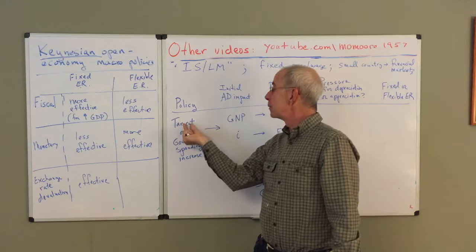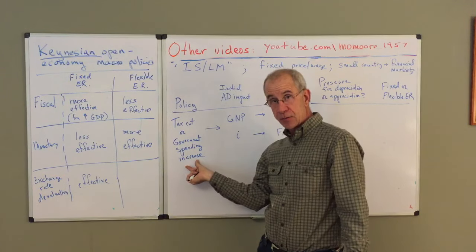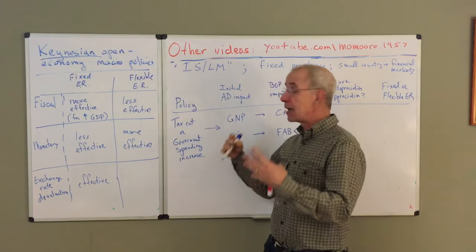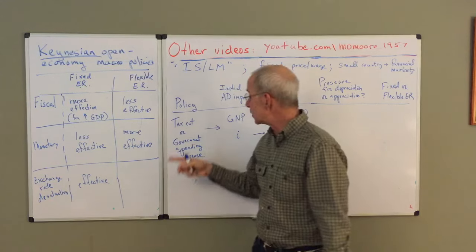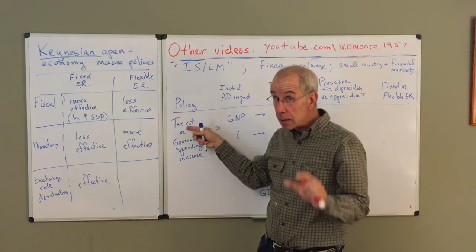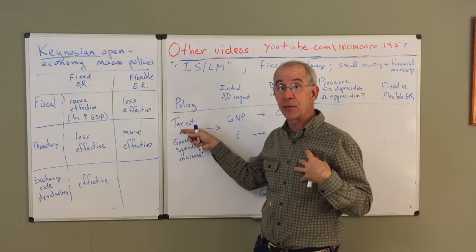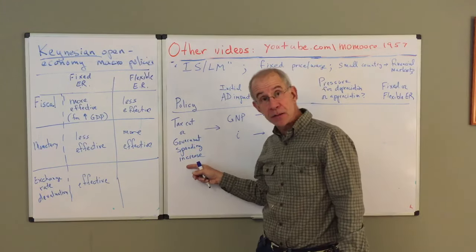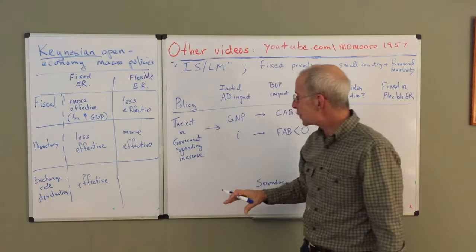So a tax cut or government spending increase in this framework really has very similar effects. They both increase the demand on goods and services, either by putting more income in the hands of consumers that they can spend on goods and services, or the government directly spends on infrastructure or some such thing.